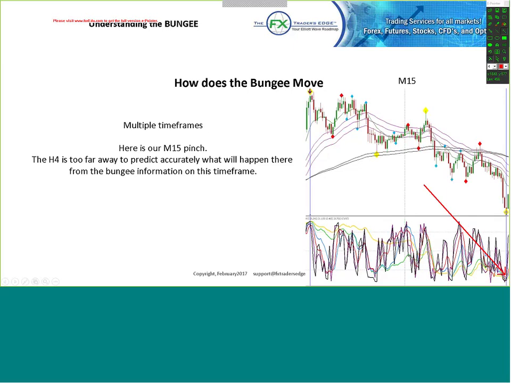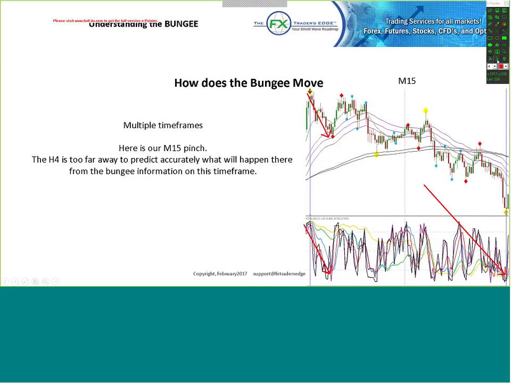So this can go up and down within one 4-hour candle. But the point of this was to illustrate how the same move looks on the bungee. And look, this first move on the M15 chart looks very similar on the bungee to that first move on the H4.